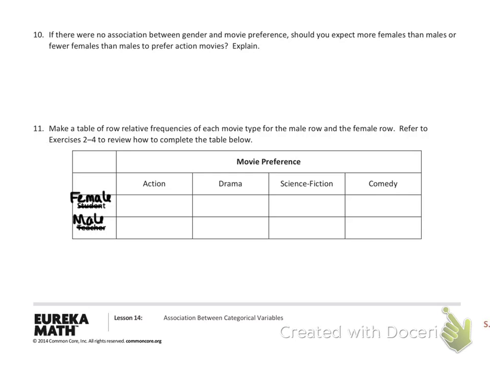If there were no association between gender and movie preference, because there were more females in the survey, we would expect more females to choose action movies as their preference. Simply because if the proportion's going to be the same, there's going to have to be more females than males checking that as their preference because of the total numbers in the survey. So you could explain that in your own words.